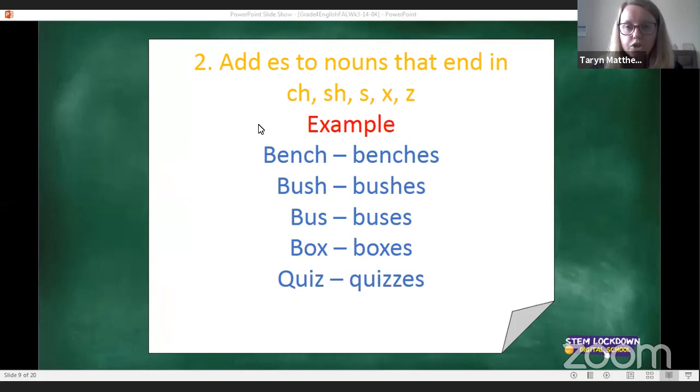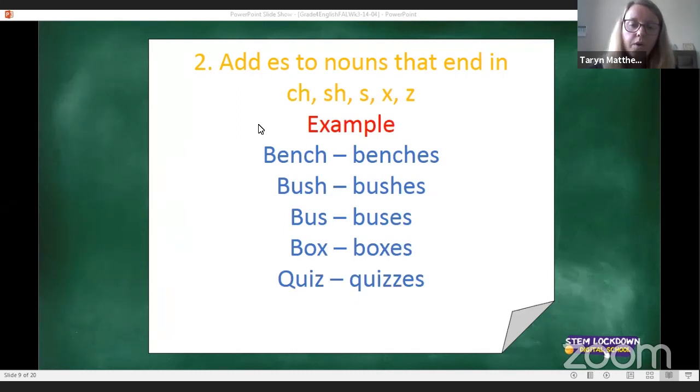If I have bush, then it becomes bushes. Bus becomes buses. Box, boxes. And quiz becomes quizzes. Did you notice there that I added an extra Z in quizzes?